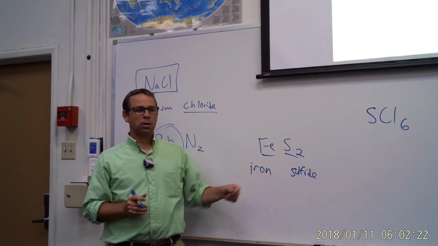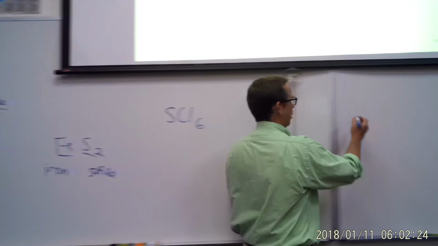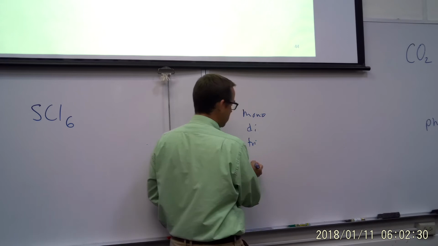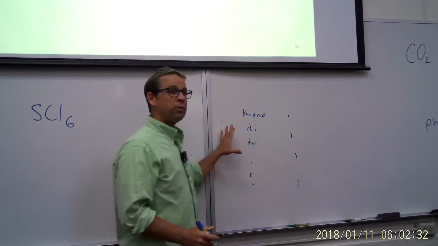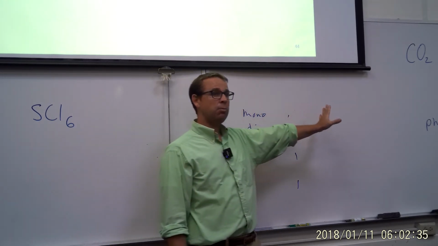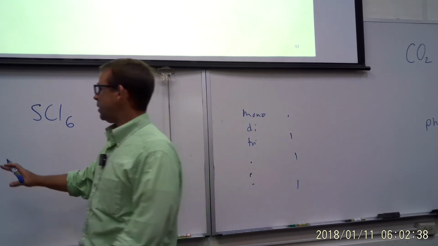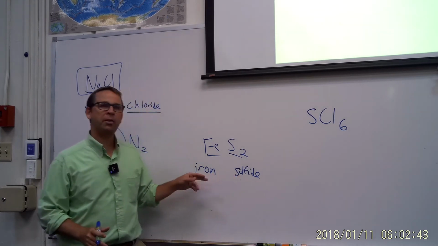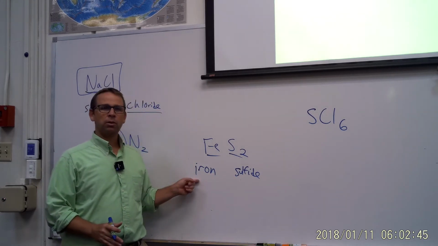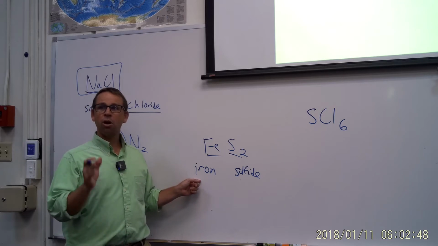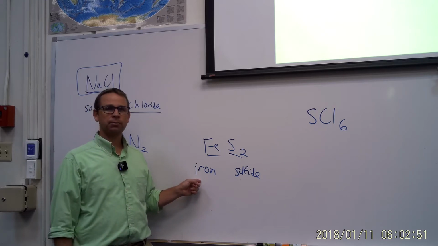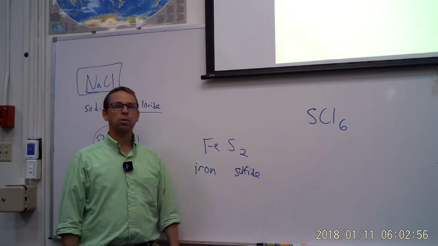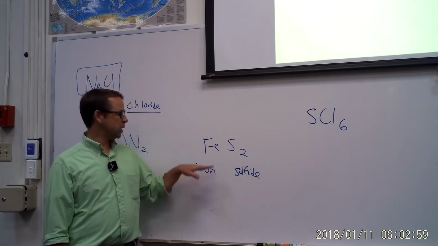This business with mono, di, tri, tetra, hexa, hepta is only for molecular compounds. What information do we need to convey when telling somebody I have a compound that contains iron and sulfur? I just need to let them know the charge on that iron. So what's the charge on the iron here?